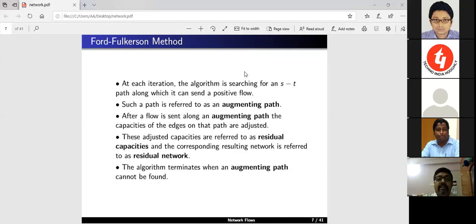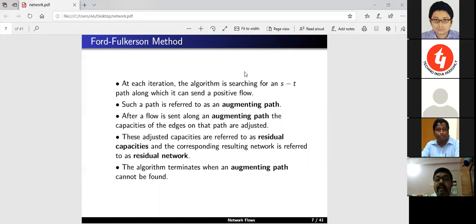So in a weak path, if every forward edge has unutilized capacity, that is, capacity is strictly greater than flow, and every backward edge has positive flow that can be reduced, then we call it an augmenting path.